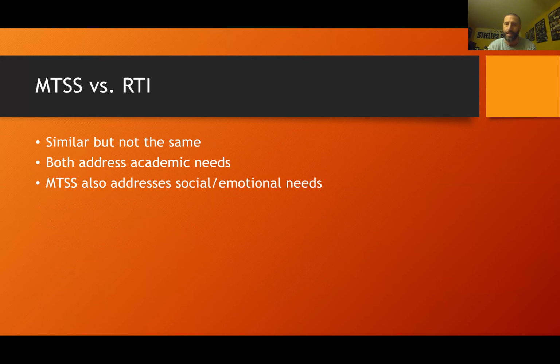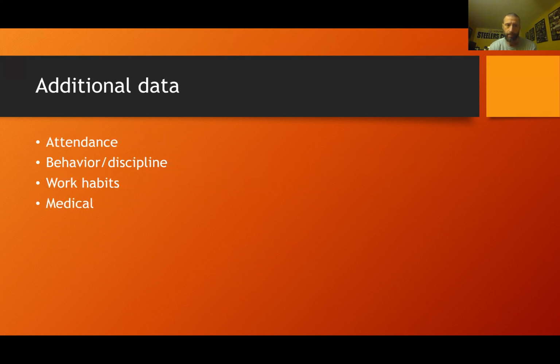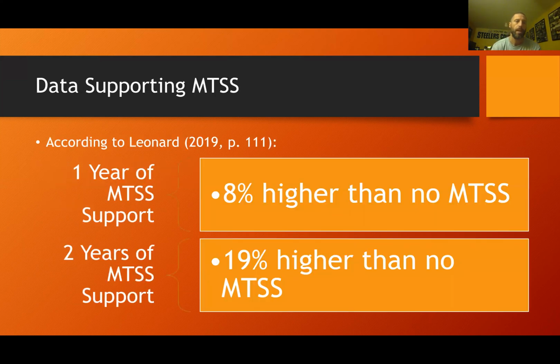But with MTSS, there is a social or emotional component, or basically a non-academic component that RTI doesn't have. And that's why when we are working through these interventions and trying to figure out exactly what students need, that's why we're looking at attendance data, behavior and discipline data, work habits, and then possibly even medical data, if available.